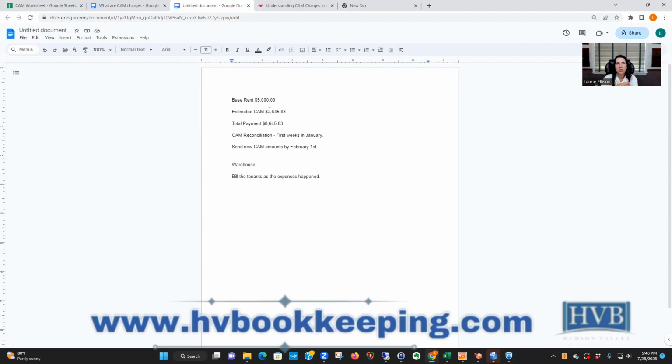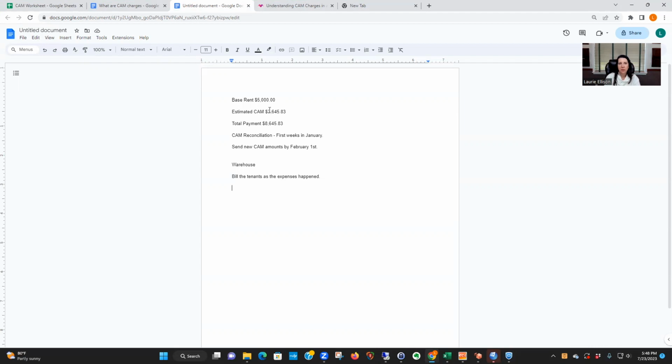And we also didn't need to have an audit because they had all the backup for everything they were billed for. There was really no question about the integrity of the triple net lease because they got a copy of every bill, and I don't ever remember anyone questioning a single bill.